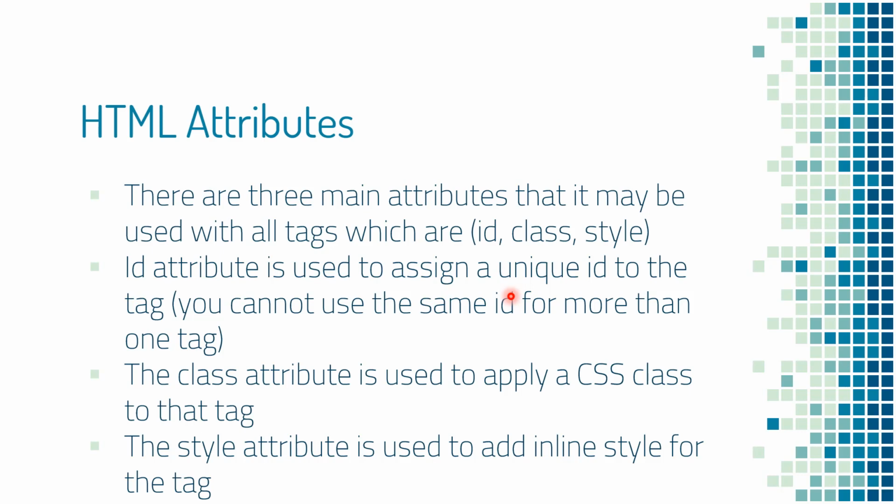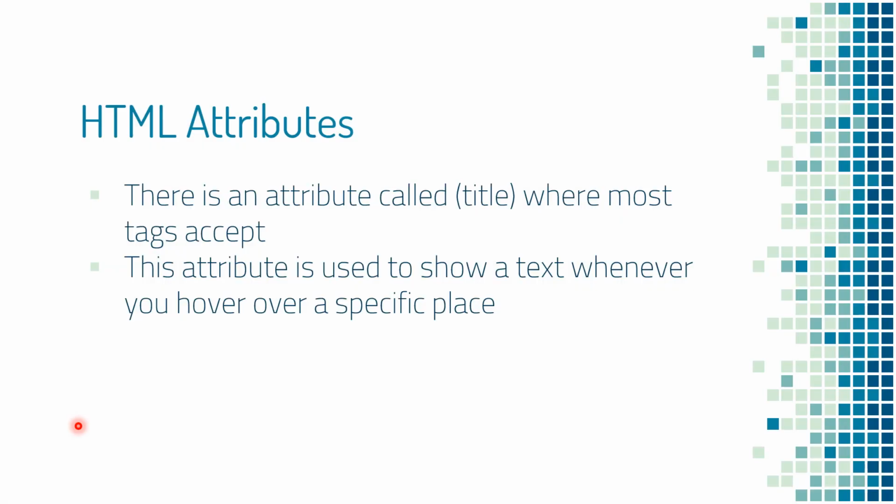The class attribute is used to attach a CSS style to the tag. And the last one, the style attribute, is used to add inline style. When we start talking about CSS, we'll understand the difference between attaching CSS using class and attaching a style using the inline style attribute.